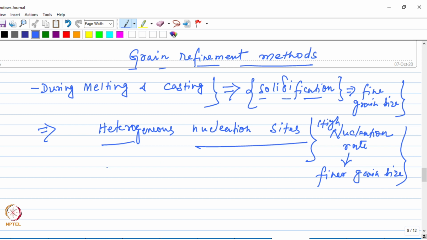So in order to understand why that happens or how heterogeneous nucleation helps, you need to understand the difference between homogeneous and heterogeneous nucleation.